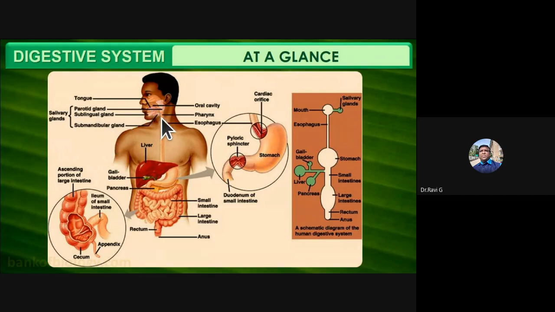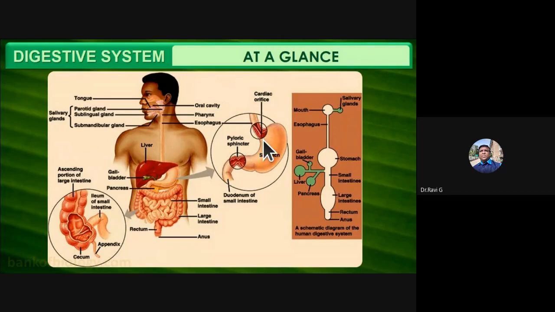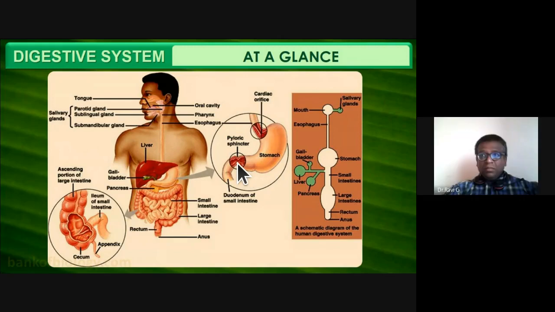So the oral cavity leads to pharynx. Pharynx leads to esophagus. So esophagus has this gastric esophageal sphincter. Okay, and there is also pyloric sphincter.